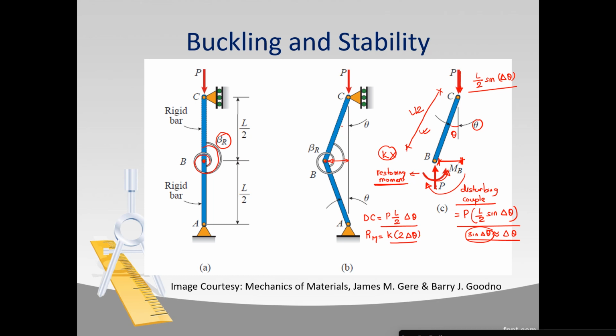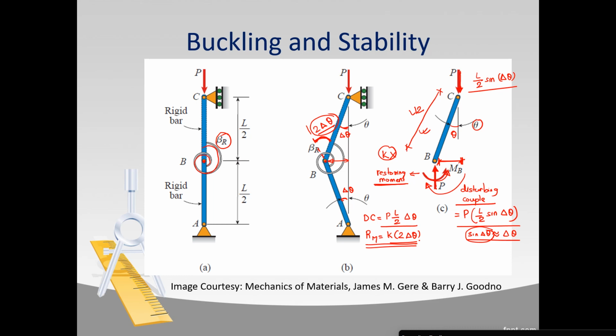Because if you look at the diagram, if this is delta theta and again this is delta theta, this total angle will be 2 delta theta, since the sum of the angles of these two sides gives the exterior angle. You know this property of any triangle. So since this will be 2 delta theta, the total restoring moment in our case will be K into 2 delta theta.